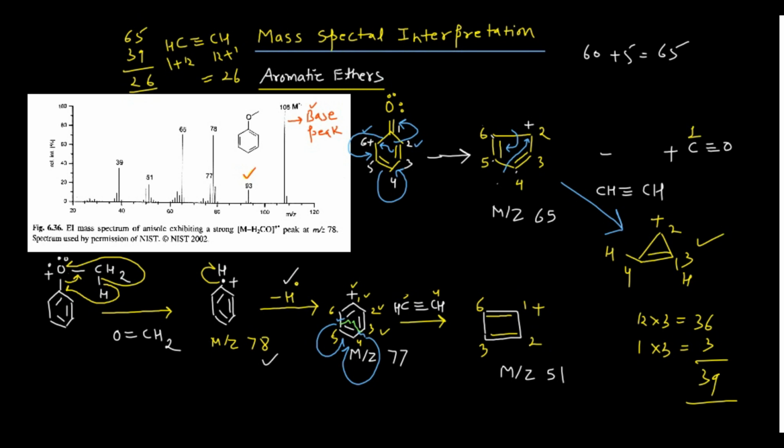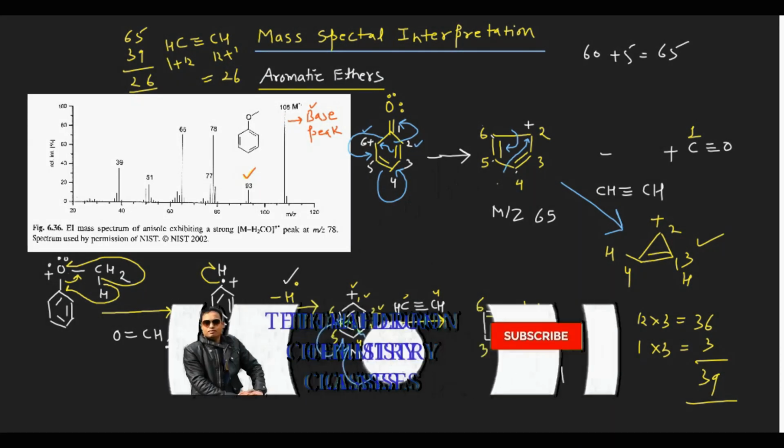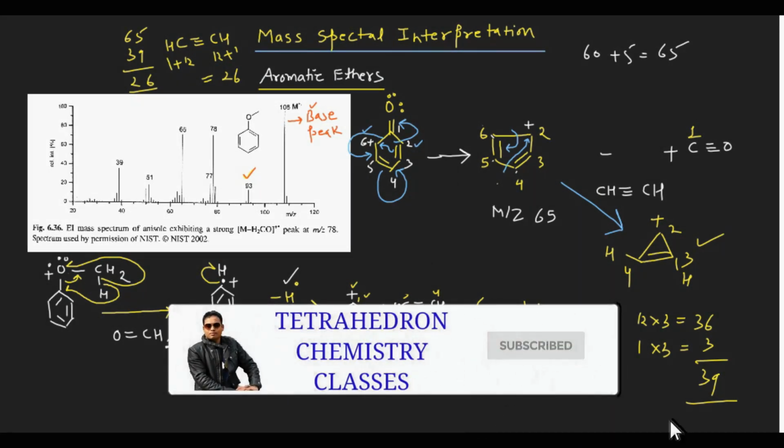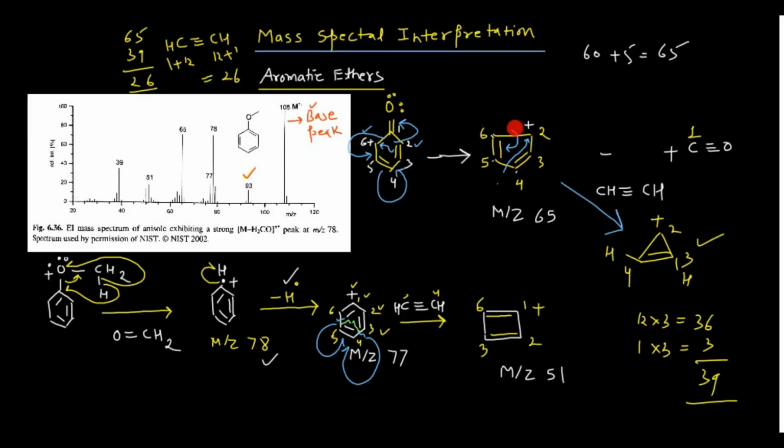So this very important fragment corresponds to this particular 39 fragment ion, right. So this numbering I have done arbitrarily, it is not according to the IUPAC system, but for the sake of the explanation, I have numbered this system. So this is quite simple now how you can draw these fragments.